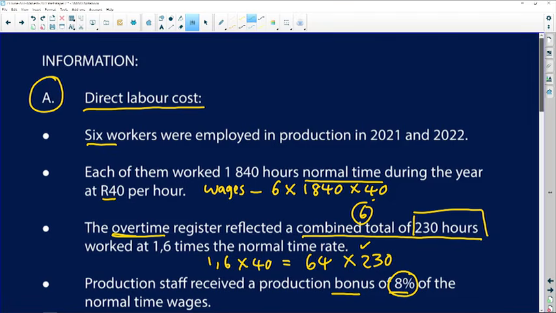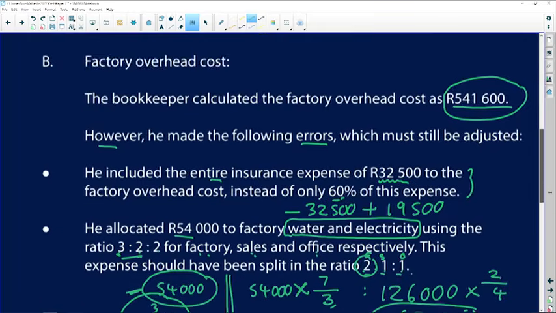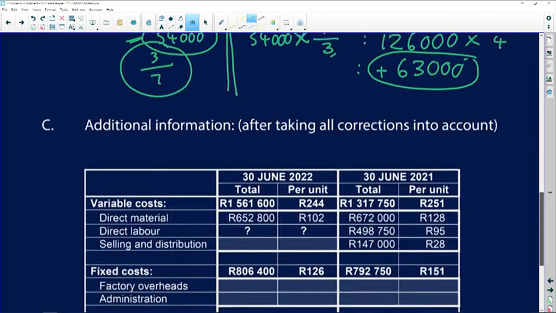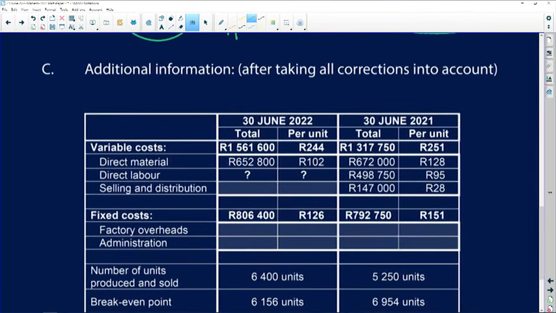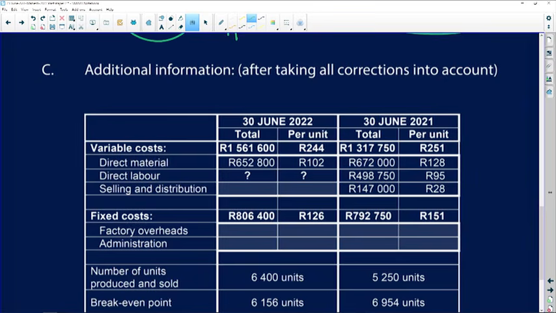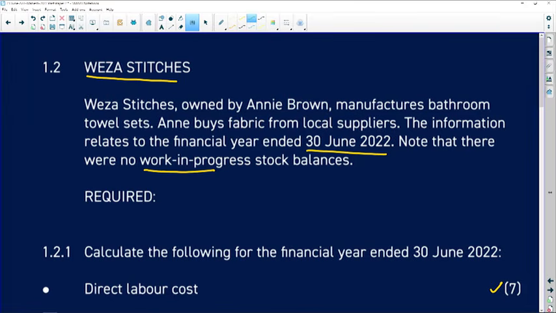Right, if we scroll further down, there we go. So additional information. So we've got direct material, right? And remember, we're looking at 2022, not 2021. So here's our direct material. We don't have to work that out. It's given to us, 652,800. So let's take that through.